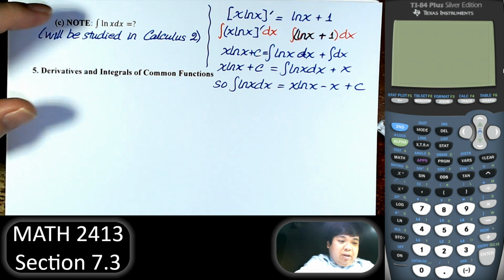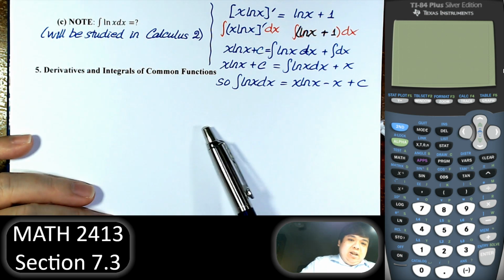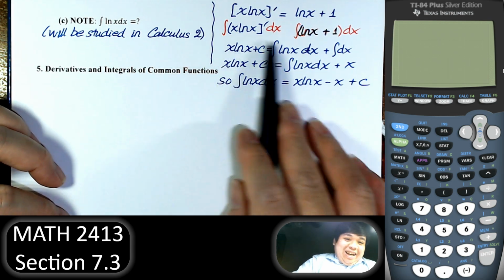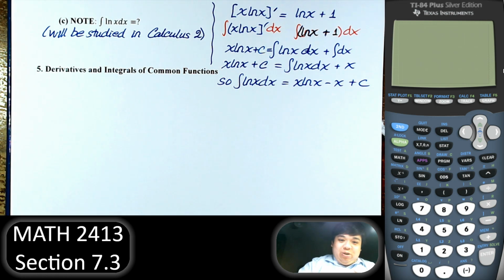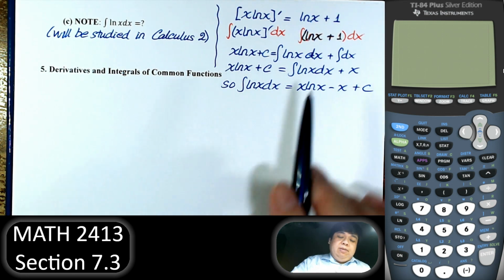Of course, in calculus 2, there's a more general, more direct way. But this is more like luck, which should actually get us to something that we can solve for the integral. Right, because when we add the constant c, we can just put the c on either side.